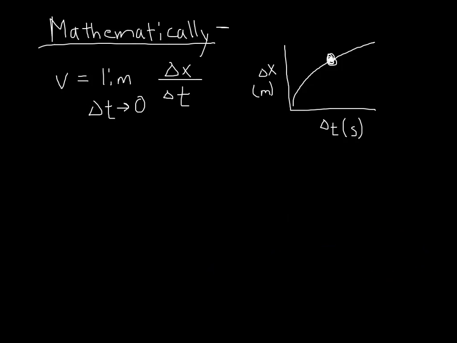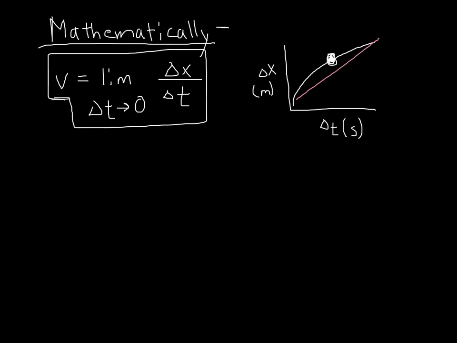So mathematically, we have a definition for velocity. Velocity is equal to the limit as delta t goes to 0 of delta x over delta t. This is exactly what I was describing on the graph. Here's my point of interest, and I want to keep taking lines, here's my delta t, here's my x-axis, my t1 and my t2.